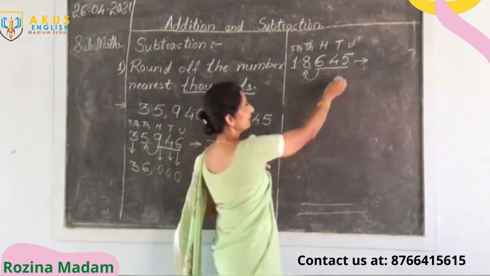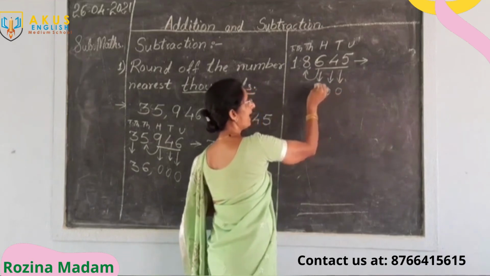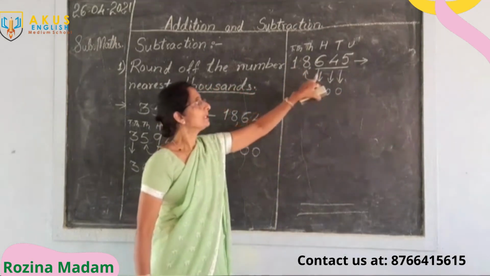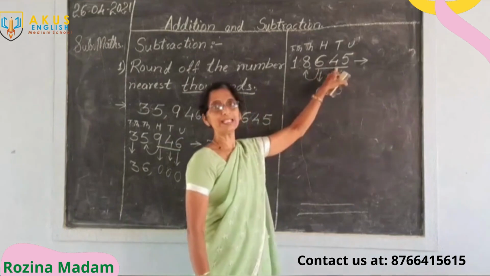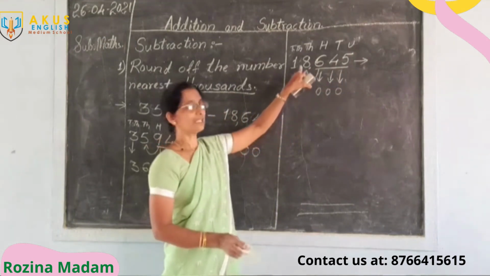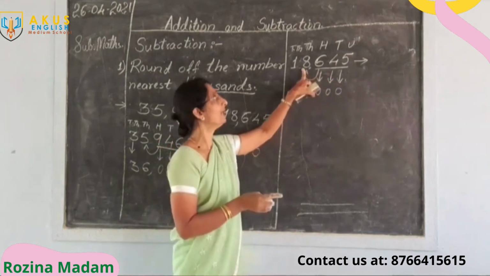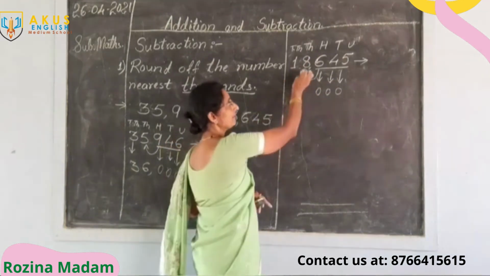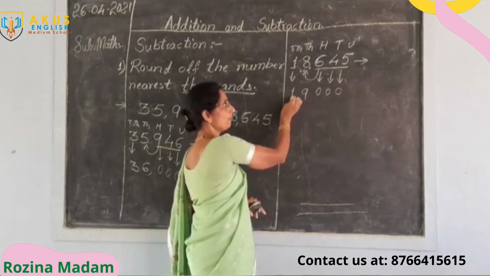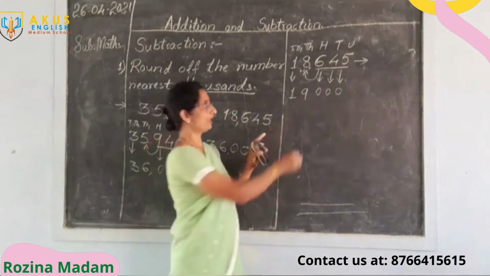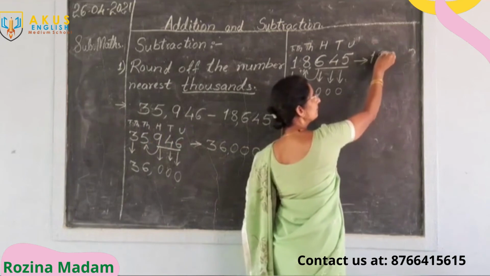So here these all 3 numbers will become zeros and here 1 is added. So we have to add 1 to the thousands place value. Here the number will become 8 plus 1, 9, and the 10,000 place value will remain as it is. So you got the answer 19,000. So here we can write 19,000.